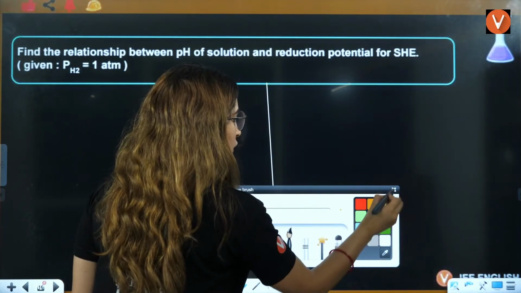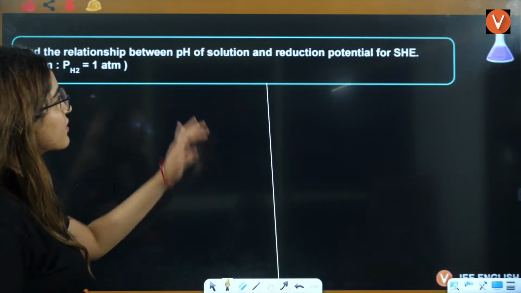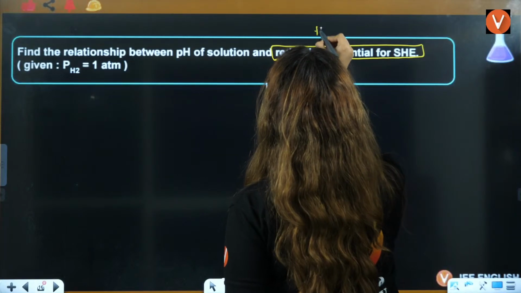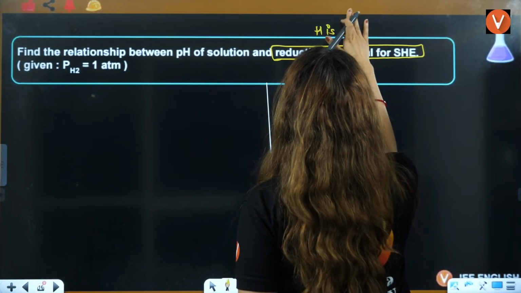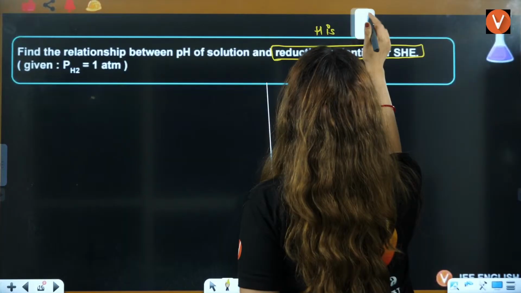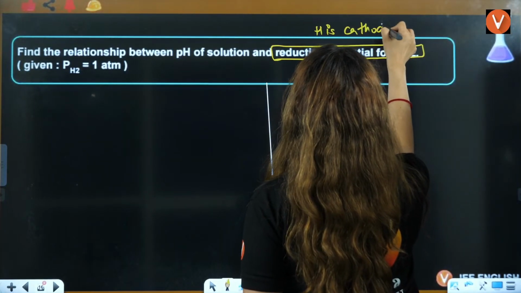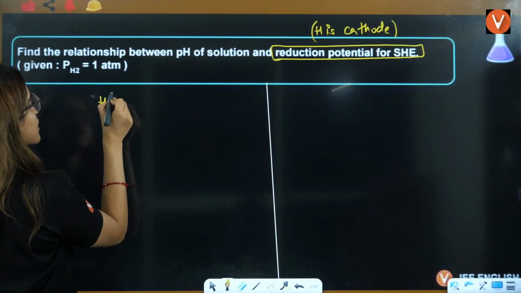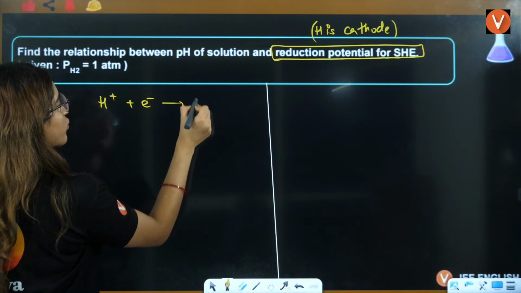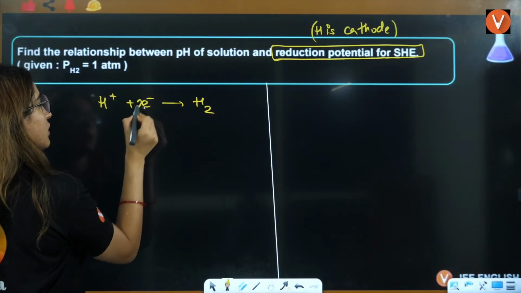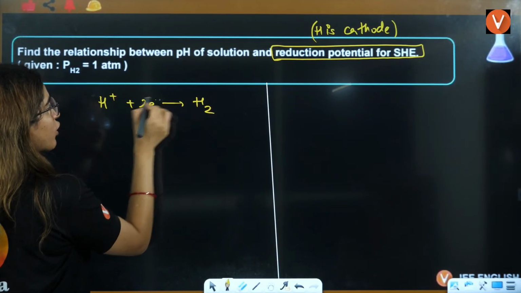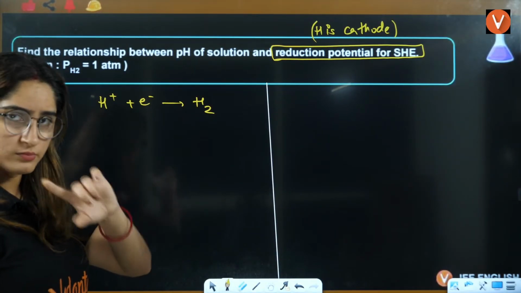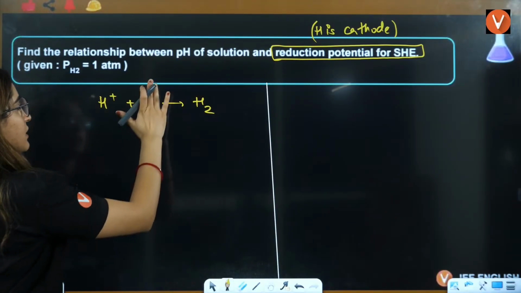So here what you have to do: reduction potential of SHE means hydrogen is the cathode. Right? That means hydrogen is gaining electrons to become H2. Reduction means gain of electrons. That is only reduction. Right?